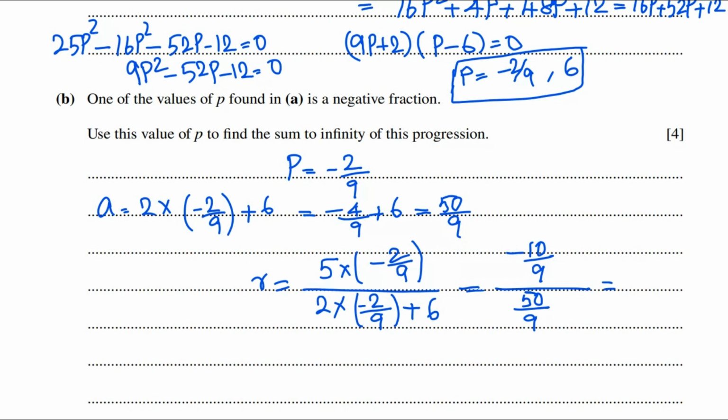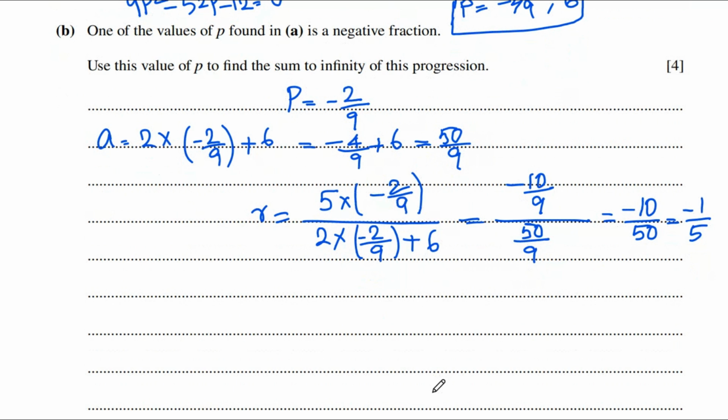Okay, so this is negative 10 over 50, which is negative 1 over 5. So A is 50 over 9 and R value is negative 1 over 5.